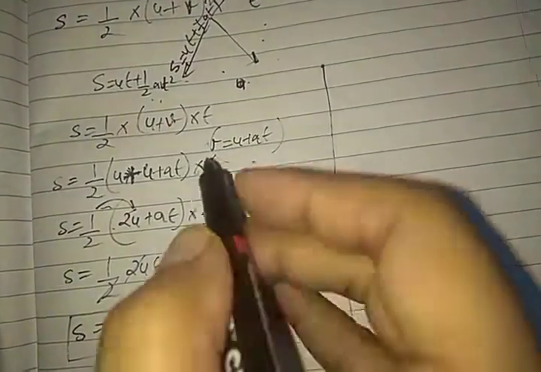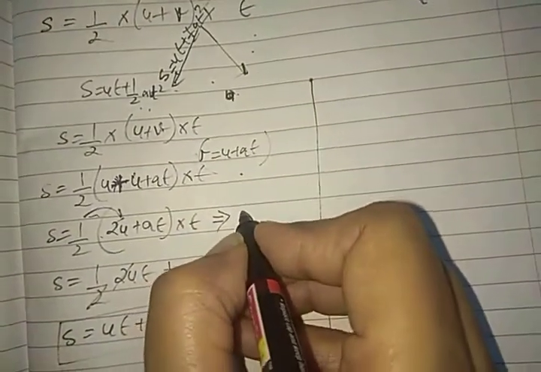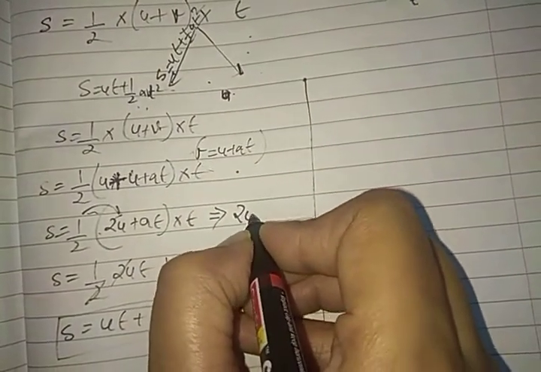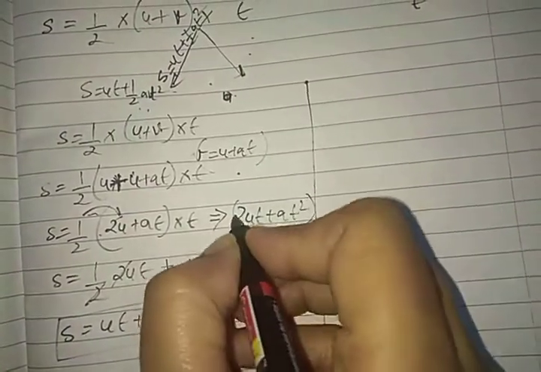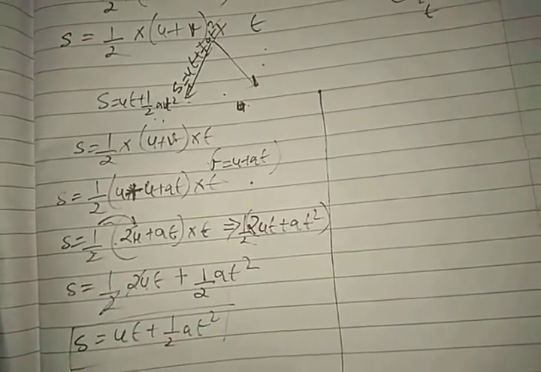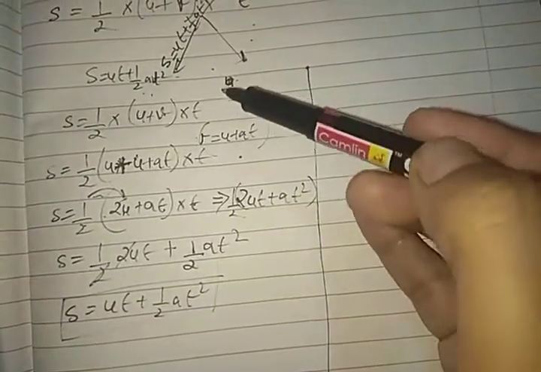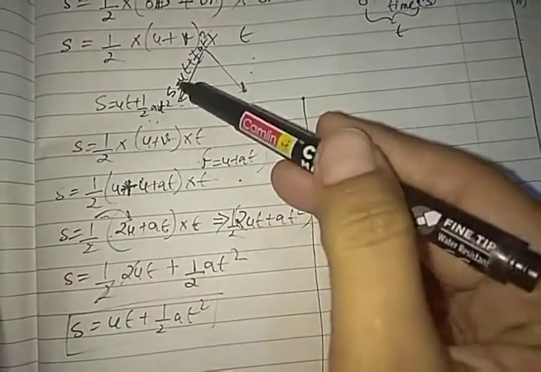You can add one step here: 2ut plus at square by 2. First multiply t, then multiply half. When deriving s = ut + half at square, you have to do it this way.